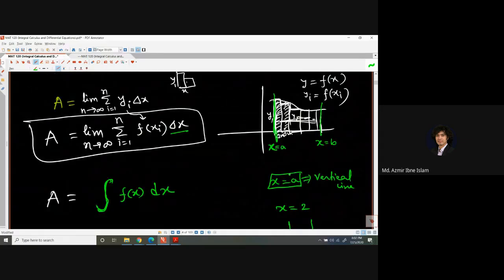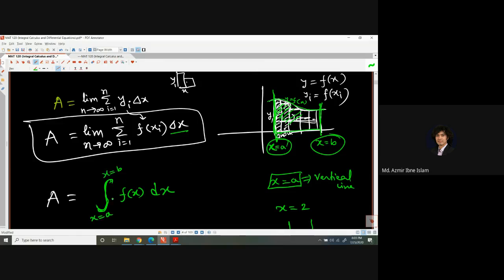So let's say we need to find the area under this curve, y equal to f of x, above the x-axis from the line x equal to a to the line x equal to b. So here we can place x equal to a, x equal to b.